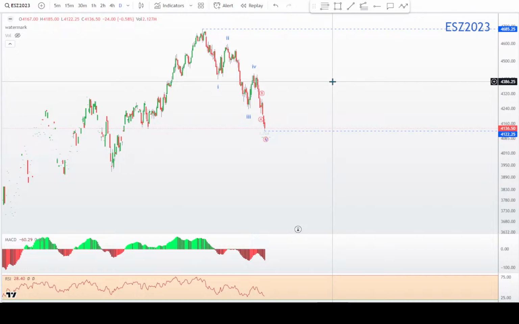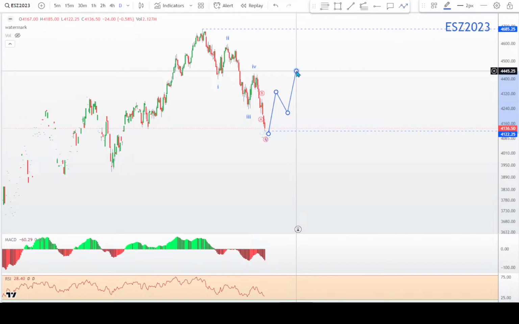I want that year-end rally. Yeah, I think that, like I said in my last video, this correction coming up is going to take all of November into December.